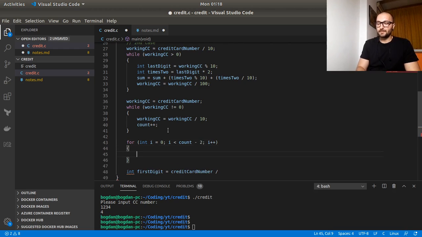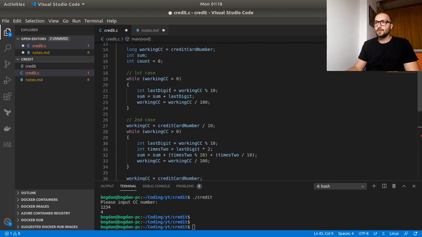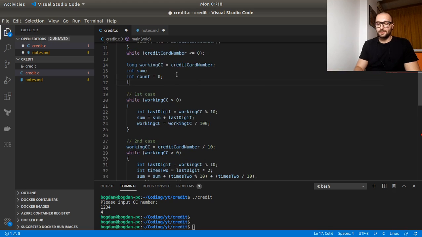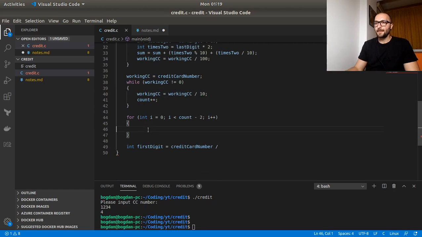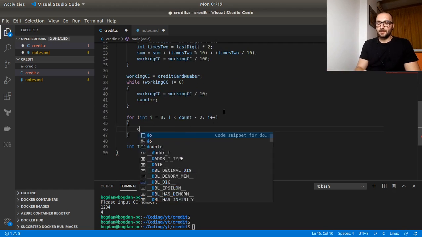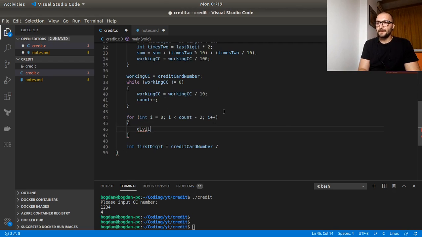Okay, so this might be a long number. So we're going to have another long divisor equals 10, we start from 10, just as we discussed. So here, divisor times 10.